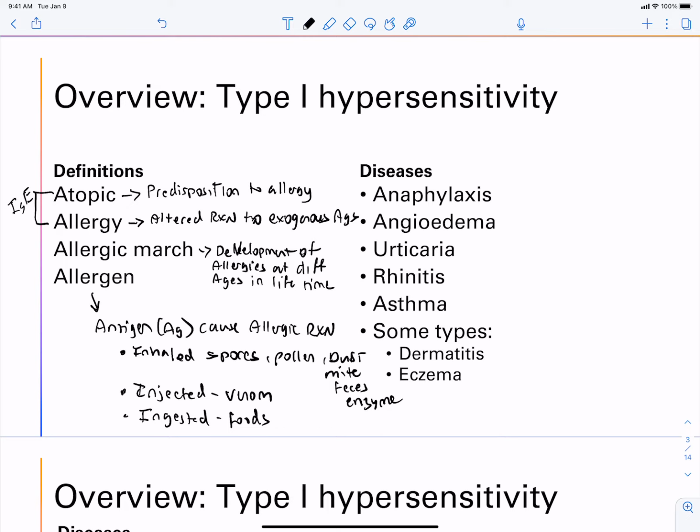And then with respect to type 1 hypersensitivities, there are some classic diseases that develop because of them. Anaphylaxis, of course, is the most important to get really advanced treatment for, or very fast treatment for. Anaphylaxis is an acute allergic reaction. And this is to an antibody which the body has a hyper response to.